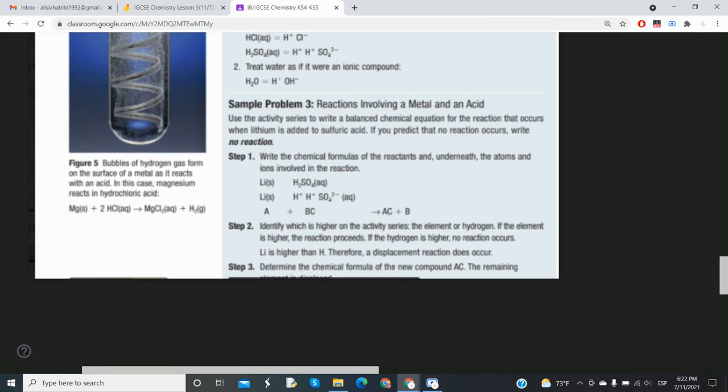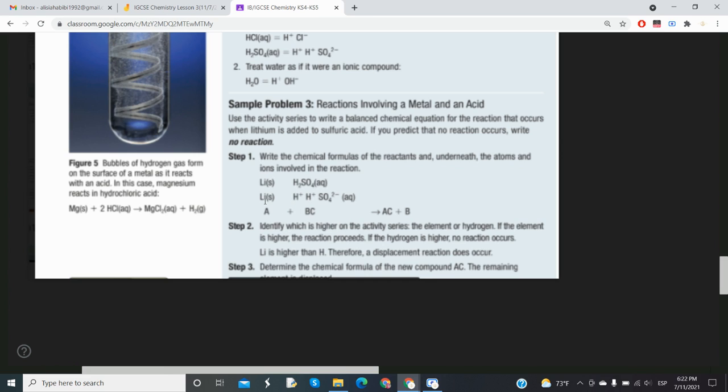Once we've done that, the second step when you're doing a single displacement reaction involving a metal and an acid is to identify which one of them is higher on the reactivity or activity series. Because you've now broken down this compound into individual ionic charges, you now have hydrogen present.